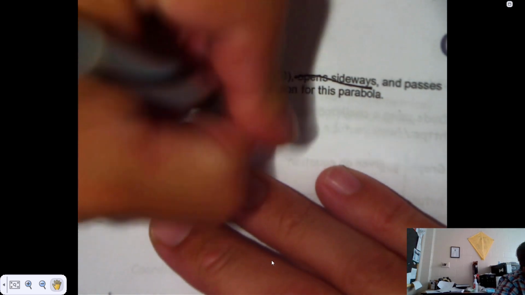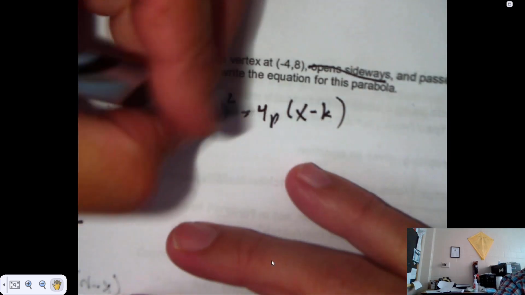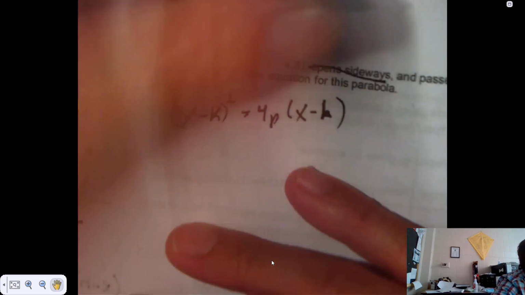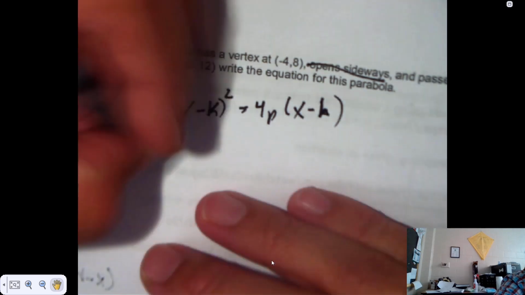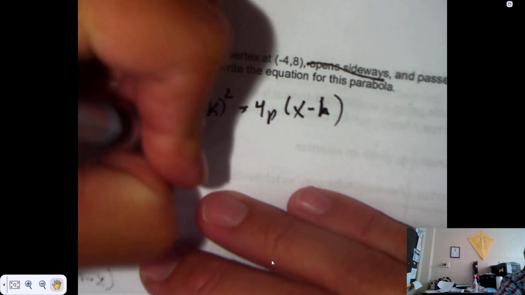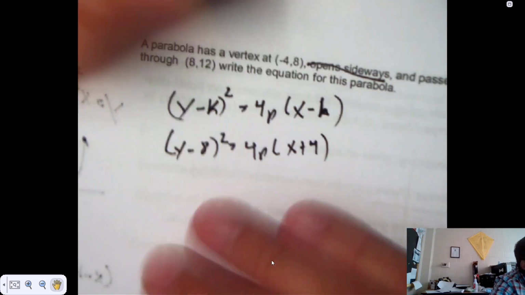So anything you can replace, this is backwards, k, h. What can you replace k with? 8. How about h? Y minus 8 squared equals 4p, x plus 4.